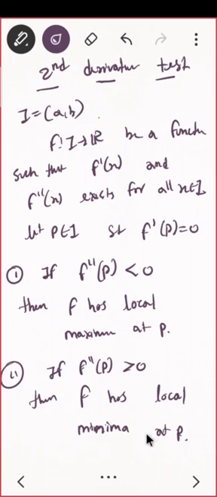Let me not tell you the proof; maybe I'll just give you time to think. Try to prove the theorem. Start with this f double dash of p and try to prove it. What do you know as the definition of f double dash of p? I'll just help you a little bit and leave it as it is. I want you to think about it.